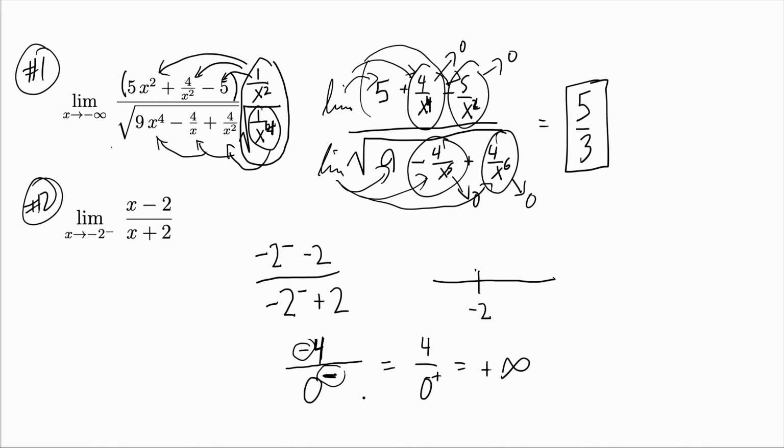Now, this kind of terse notation with plugging in actually has a limit meaning. When I write in 0 minus here, really what I'm saying is, I could interpret the fraction I wrote right there as negative 4 times the limit as x approaches 0 from the left side. It's really a limit statement.